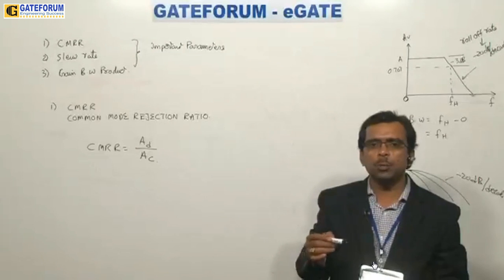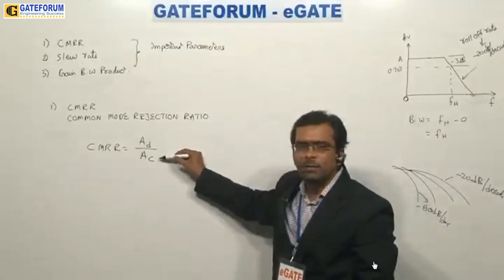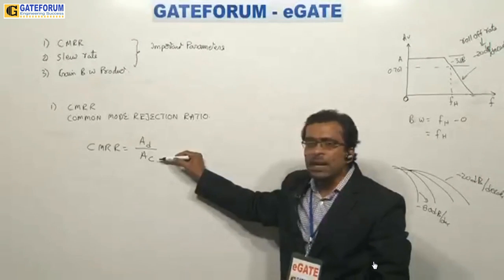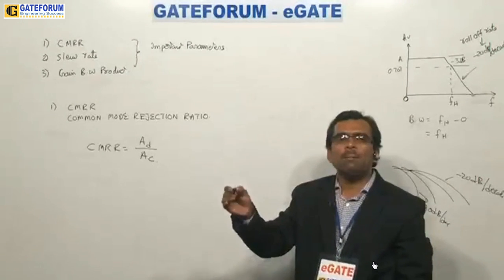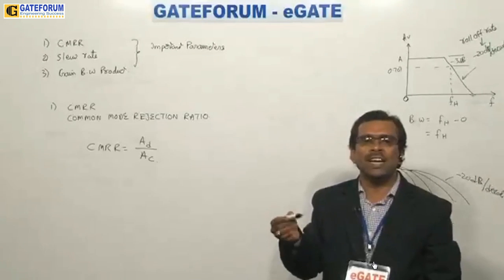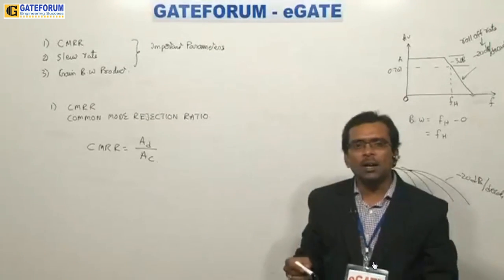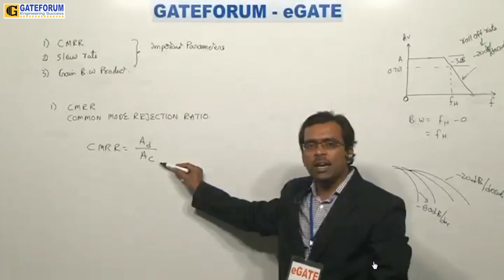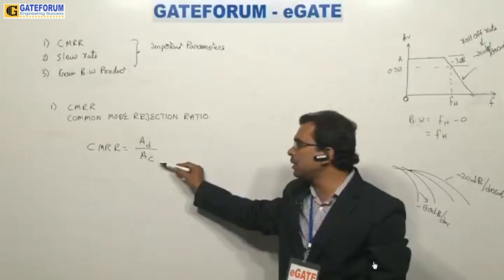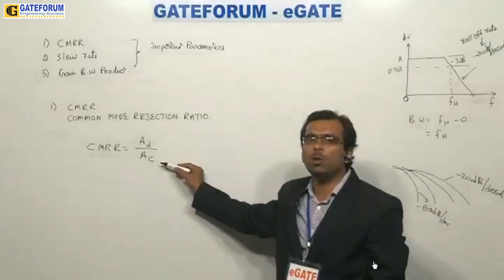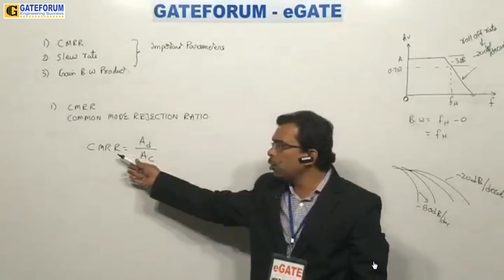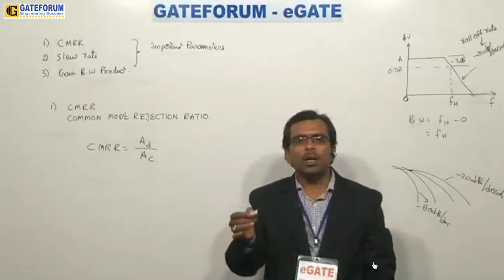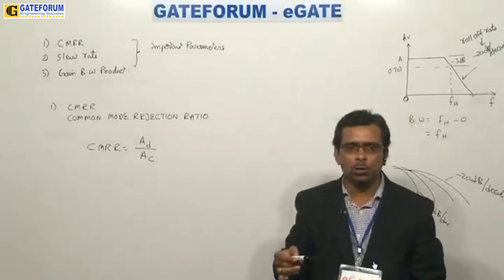But what happens practically is that if the op-amp is amplifying the noise signal also simultaneously, then we say that common mode gain is high. When the common mode gain is high, you will not be able to get this op-amp to work as a differential amplifier, because its gain factor will be reduced.